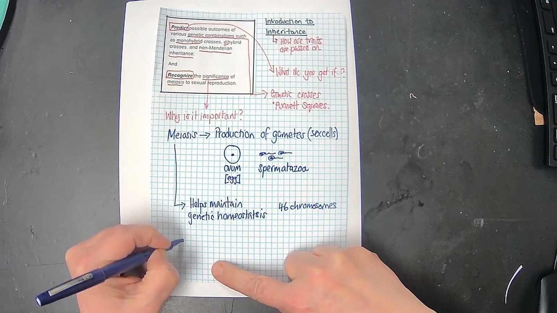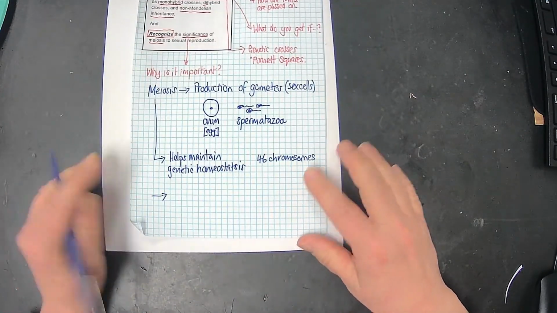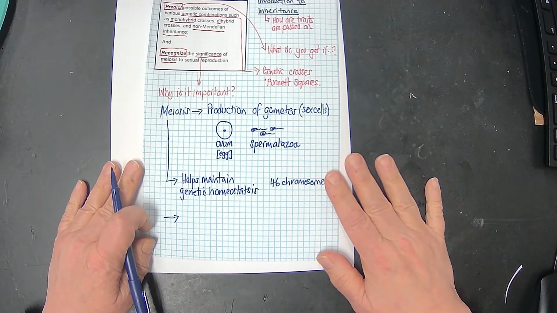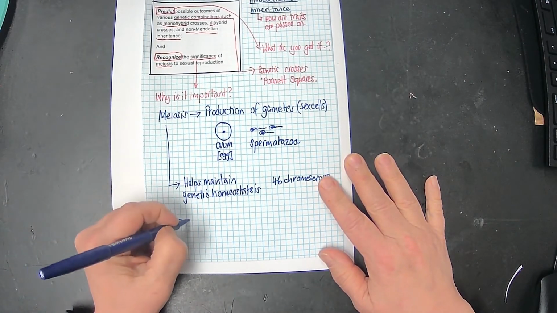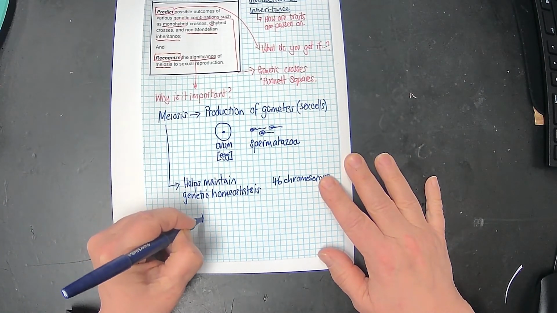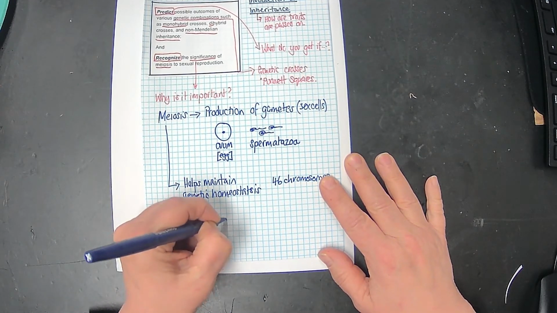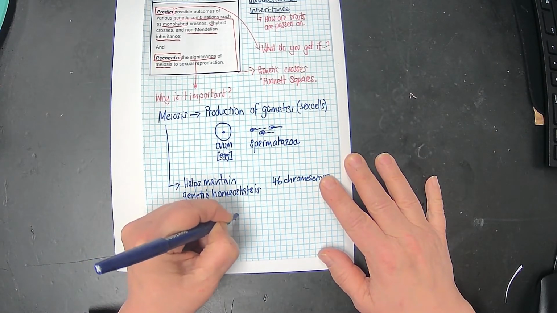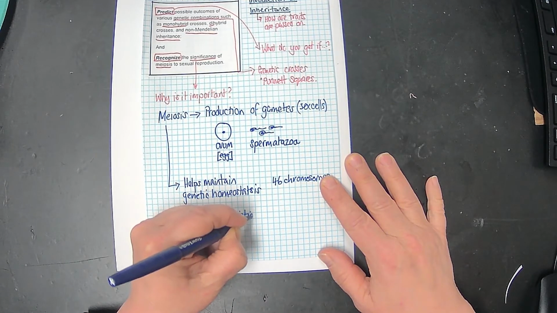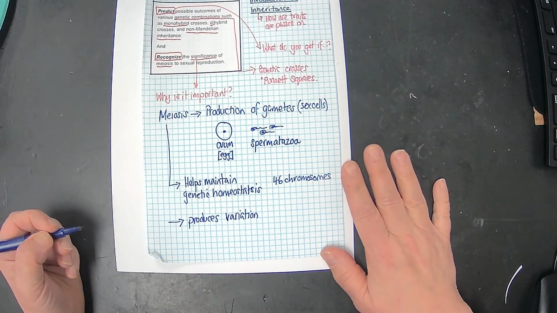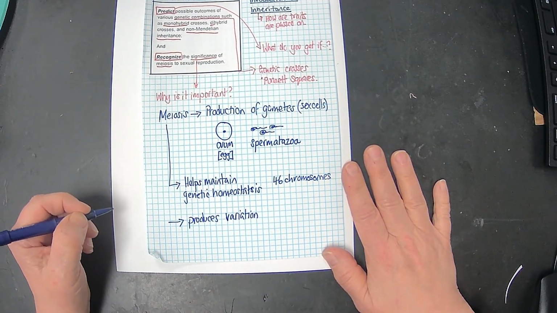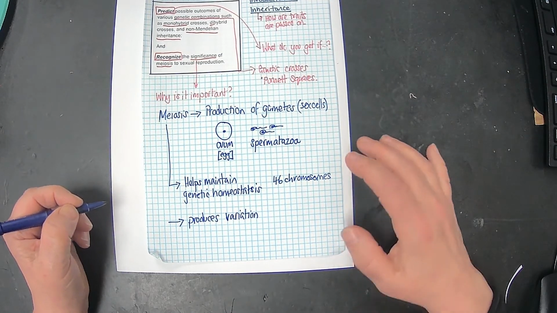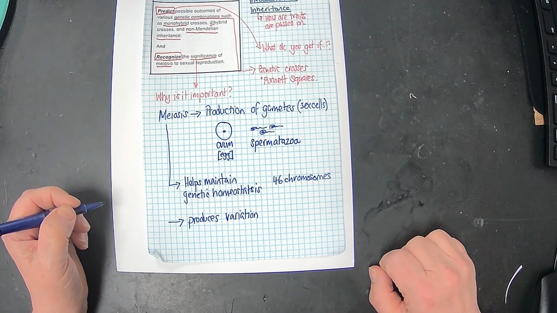And there is yet one more important thing about meiosis, because it produces variation. They may not be big variations, but every single one of us has a slightly different version of the 46 chromosomes that we've got.